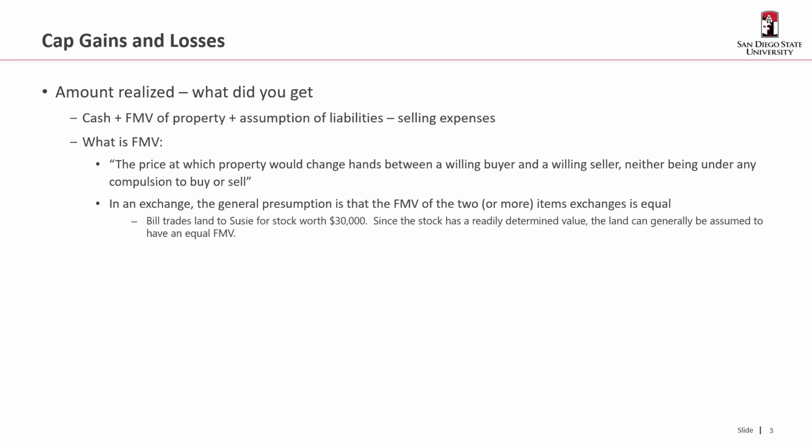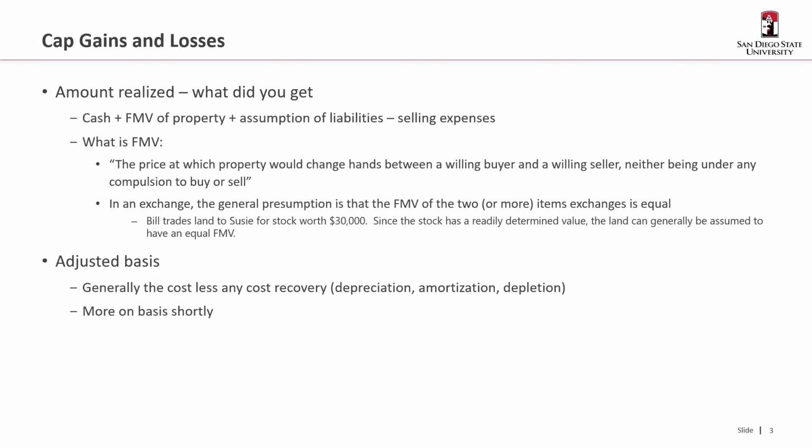And generally speaking, you can just assume that the land has an equal fair market value, or else why would they be entering into that exchange? Now, there are situations, especially related party situations, where the property can be exchanged and it's not for equal fair market value, but that triggers maybe either part gift or part compensation or something like that.